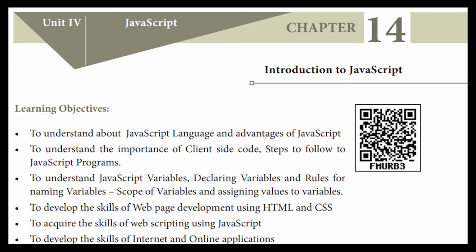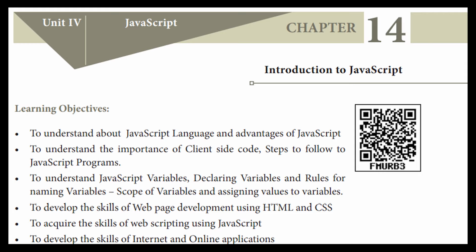Number is given as integer, and if it is a point number you will say it is a floating number. Boolean means it will have any one of two values: true and false. Boolean means you will have 0 and 1. 1 denotes the true value, and 0 denotes the false value.